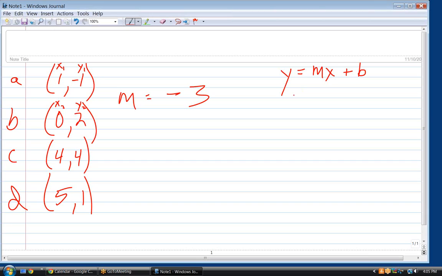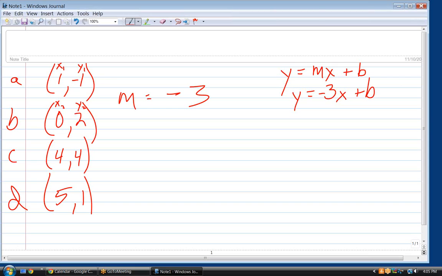Okay. Well, we know m, right? So we know this much. Now how can we solve for b? Because to come up with an answer, we've got to come up with what b is. Oh, we have to put in the equation? Be more specific.